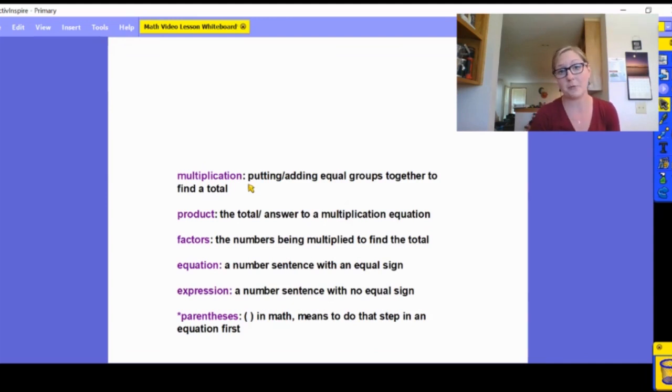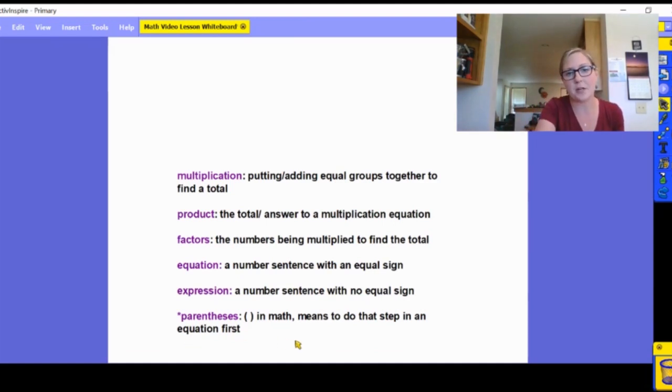The product is what we call the answer to a multiplication equation. The factors are those numbers that we're multiplying to find the product, the total. An equation is just a number sentence with an equal sign. And an expression, that word I used earlier, is just a number sentence that does not have the equal sign. So, for example, 4 times 2.